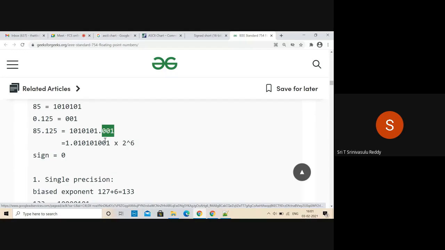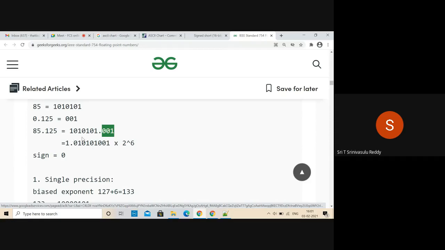The same thing can now be represented in scientific notation. Use a scientific notation and move the point to the leftmost. Whenever you move the binary point to the left, the exponent you have to increase by 1. By how many positions are you moving? 10, 10, 10, so by 6 positions you are moving.